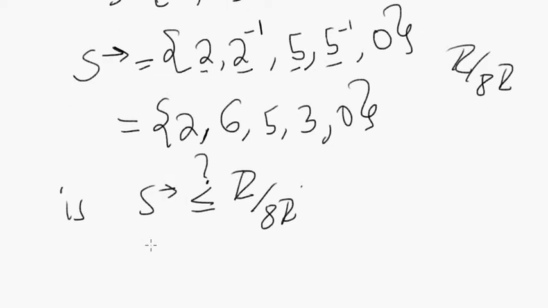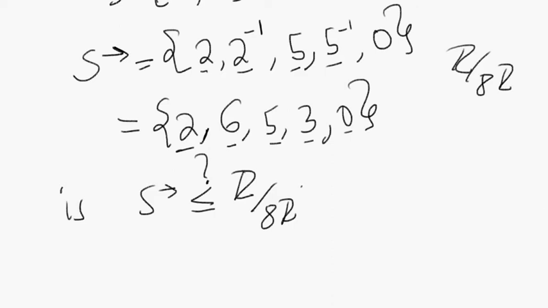Let's think about that. Do we have inverses? What's the inverse of 2? Was that 6? What's the inverse of 5? Was that 3? What's the inverse of 0? Is that 0? So can we say that everything has an inverse?